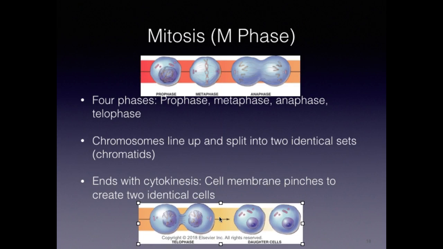There's a great analogy that helps you remember it, and if you think of "play me a tune." This play refers to the prophase, and in this phase the chromosomes coil tightly.